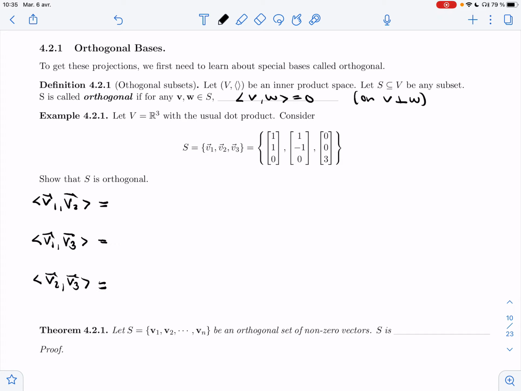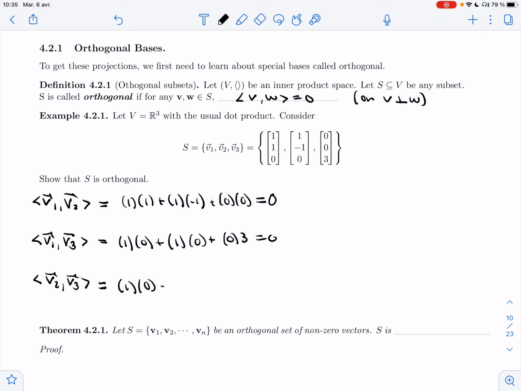So v1 dot v2 will be 1 times 1 plus 1 times minus 1 plus 0 times 0. That is 0. v1 dot v3, that's 1, 0, 1, 0, 0, 3, which is 0. And similarly for v2 dot v3, I get 0. So S is orthogonal.